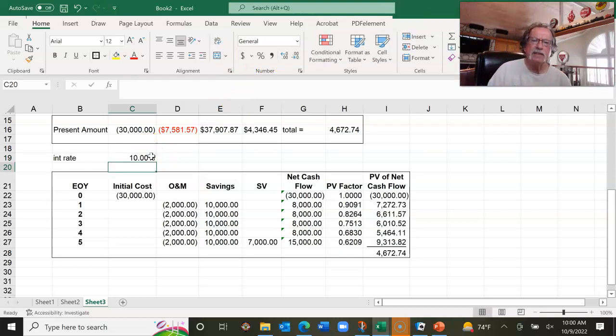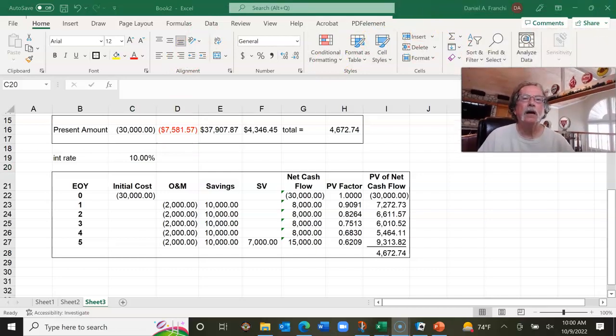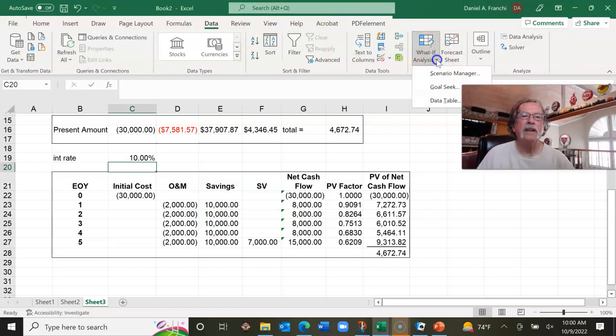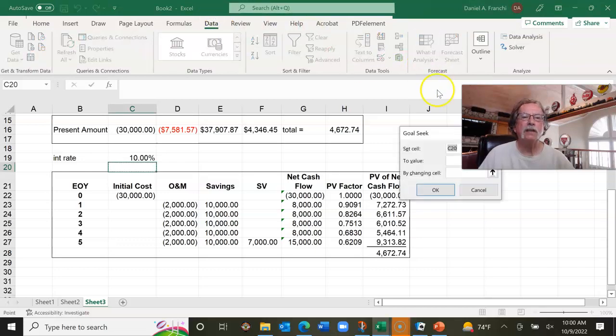So there's a couple ways to find the rate of return. We can use goal seek. And we use goal seek in the data tab, what-if analysis, goal seek.